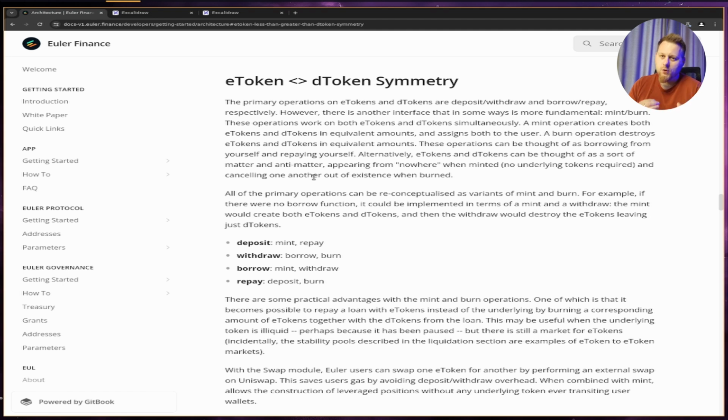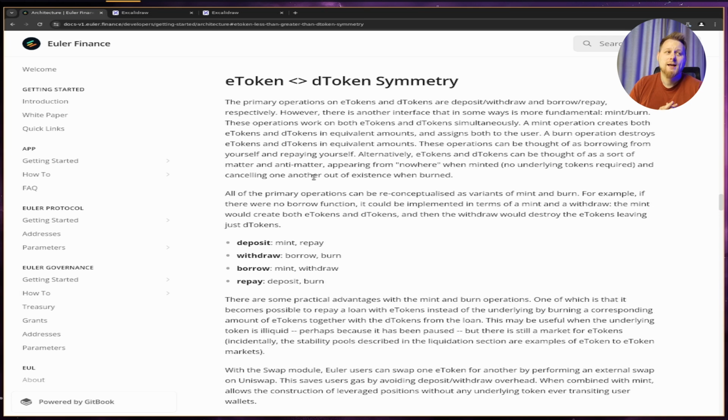So in case of Euler, the situation looks like that. Let's say that you have like 1 million of collateral, and you have 1,100,000 of debt. So now what a liquidator can do is liquidate the account, and they have just to repay the percentage amount of the debt, and they get to take all the collateral.